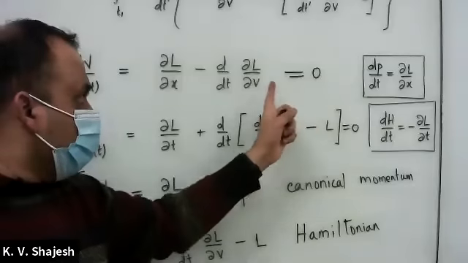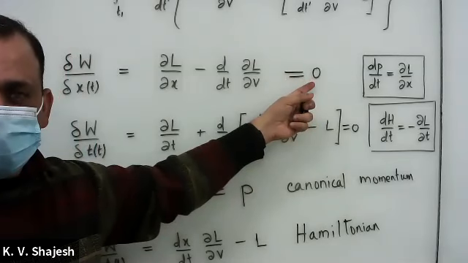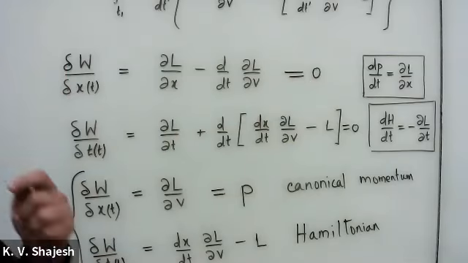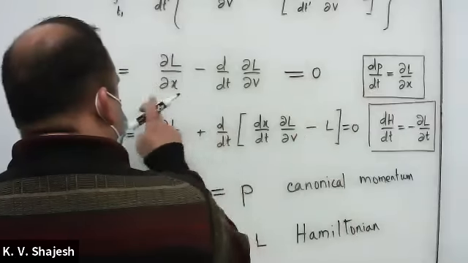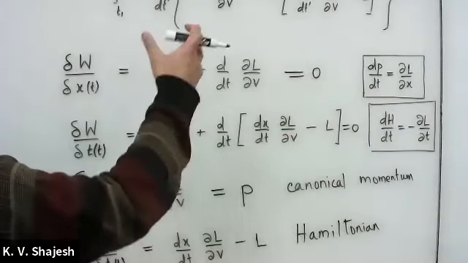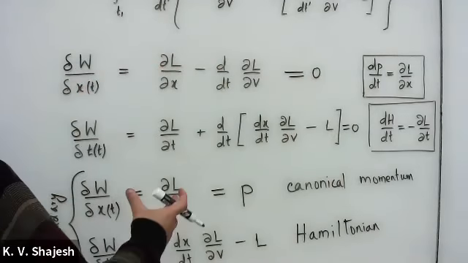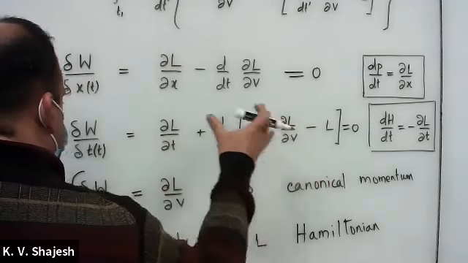When I set this to zero, that's stationary action principle. That is not necessarily zero, right? But you say that it is zero because that's your equation of motion. That's Newton's law. So you say that Newton's law requires that this be zero. Similarly, this is not Newton's law, but this is conservation of energy if you want.